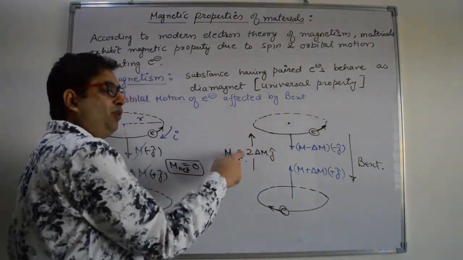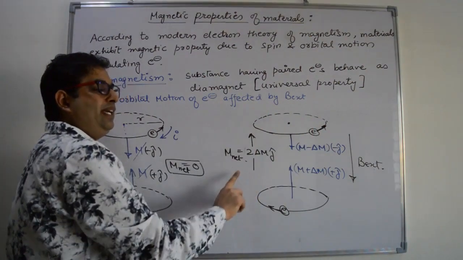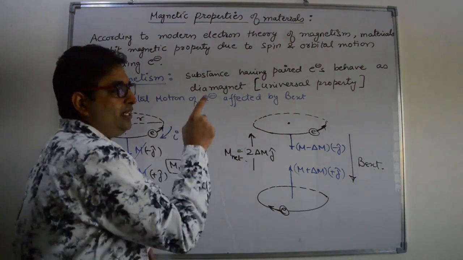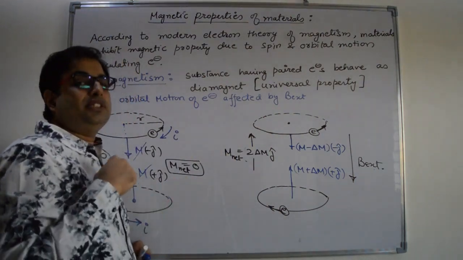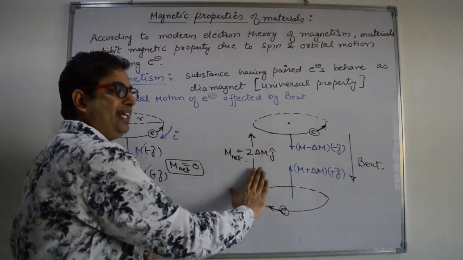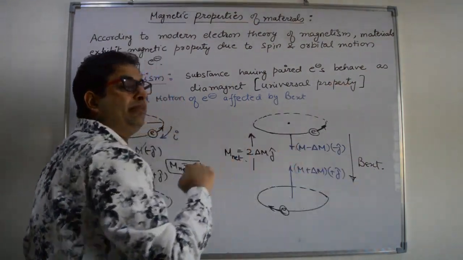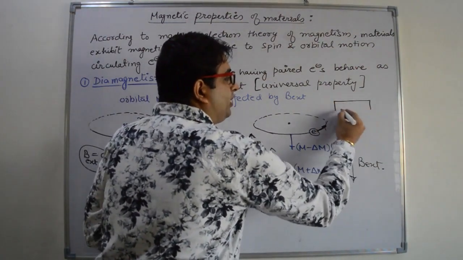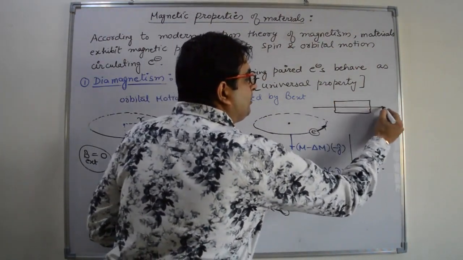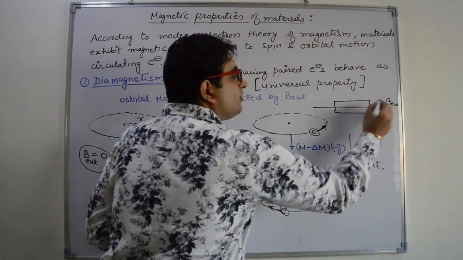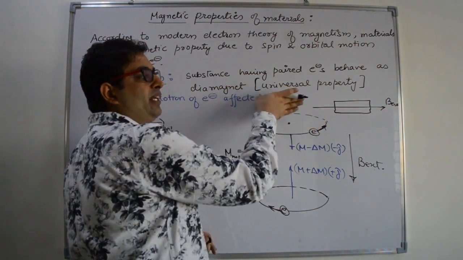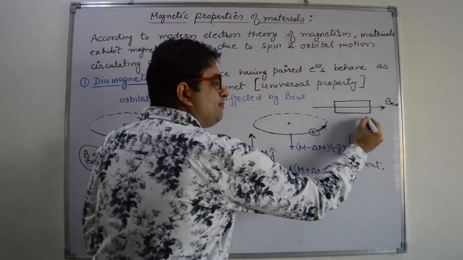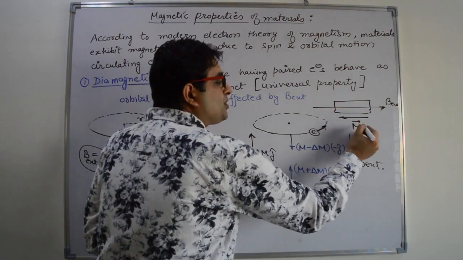So the magnetic moment created by this material is in the opposite direction to the external magnetic field. So this material produces a small magnetism in the direction opposite to the external magnetic field. So whenever we apply a magnetic field on a diamagnetic material, right, this is a diamagnetic material and the external magnetic field is applied on the right side, then this material will magnetize in the opposite direction.